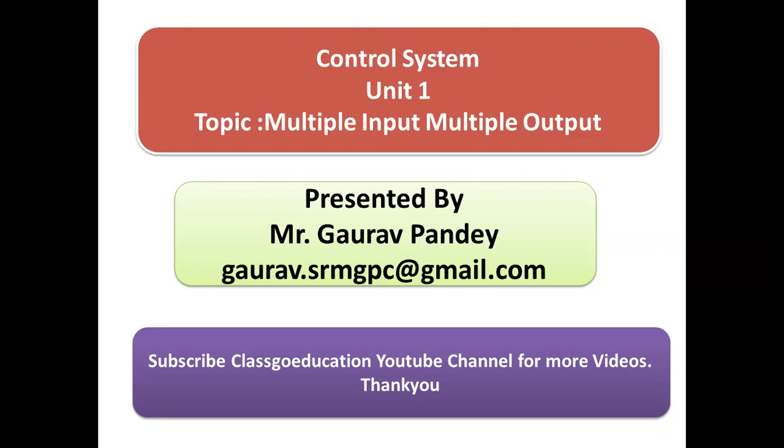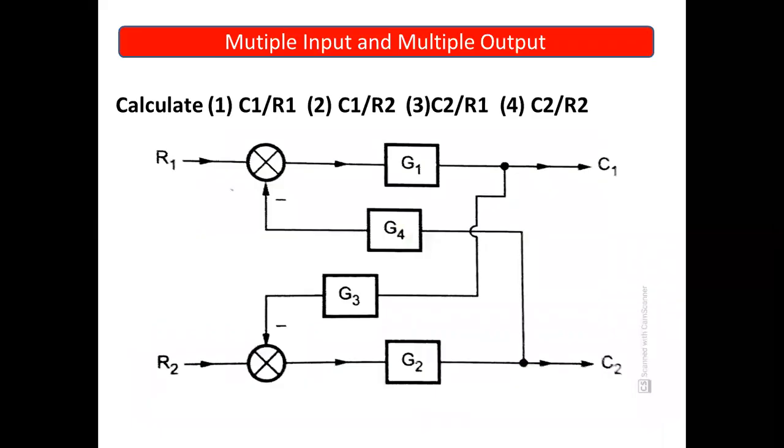Moving ahead to the next slide, there is a numerical on your screen, and in this numerical it is very essential to understand how many inputs and how many outputs there are. When we know the inputs and outputs, we have to look at what type of transfer function we have to find.